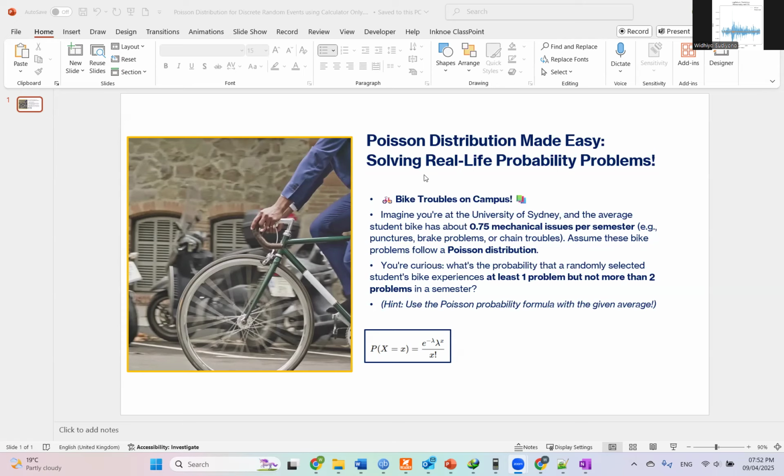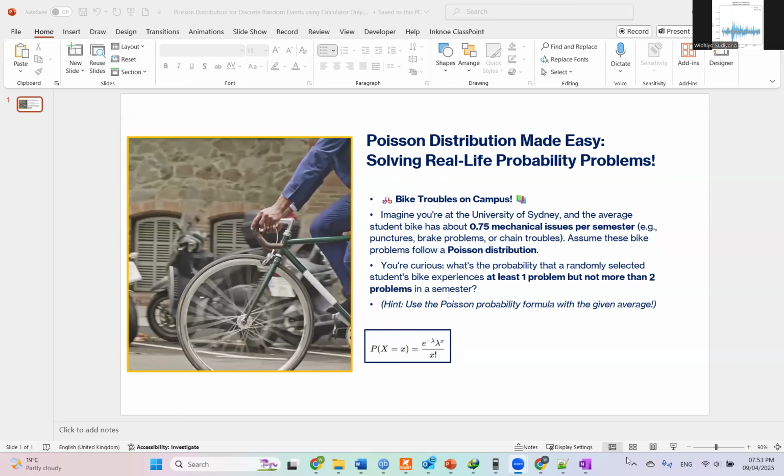You're curious, what is the probability that a randomly selected bike experiences at least one problem, but not more than two problems in a semester. So you can say that this is between one and two, but not more than two, so two is included.